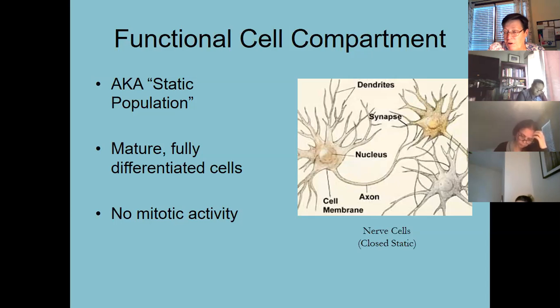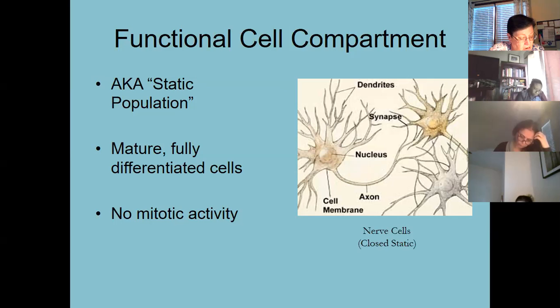They have come from cells that originated in the stem cell population, started to differentiate, moved to the differentiating cell compartment, and ultimately have made it here. Again, they are fully functional, fully mature, highly differentiated, and they do not divide.